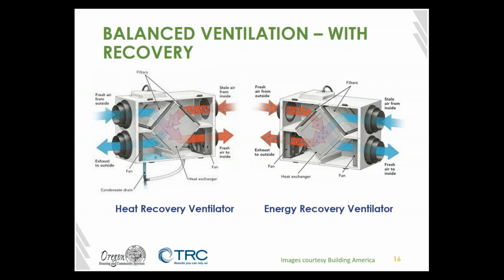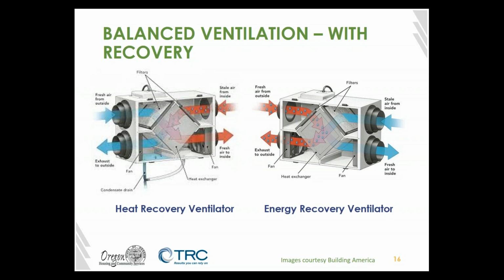Those two air streams cross, not directly, there's a heat exchanger in there, so the air streams aren't mixing and the contaminants are still leaving, but they cross with metal plating between them for that heat recovery, and some of the heat that is flowing out of your house gets dumped into your fresh air coming from outside. And that heat comes through, and therefore you have slightly preheated air, which means your heating system doesn't have to work quite as hard as it would have otherwise.